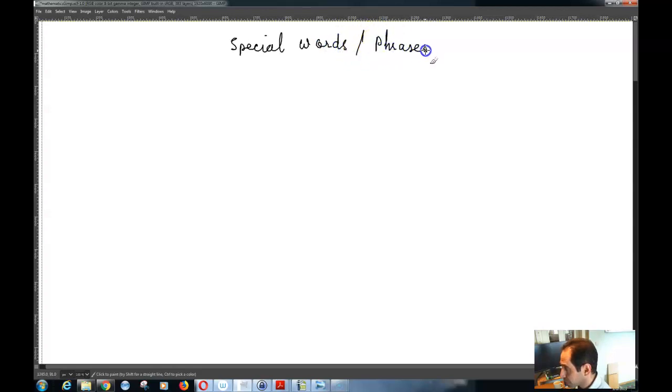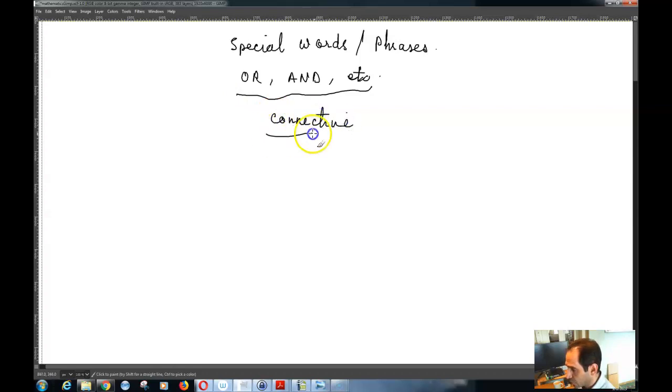Words like and, or, etc. So some of the connecting words which are found in compound statements like and, or, etc. are often used in mathematical statements, and these are called connectives. That's a good name for these words, connectives.